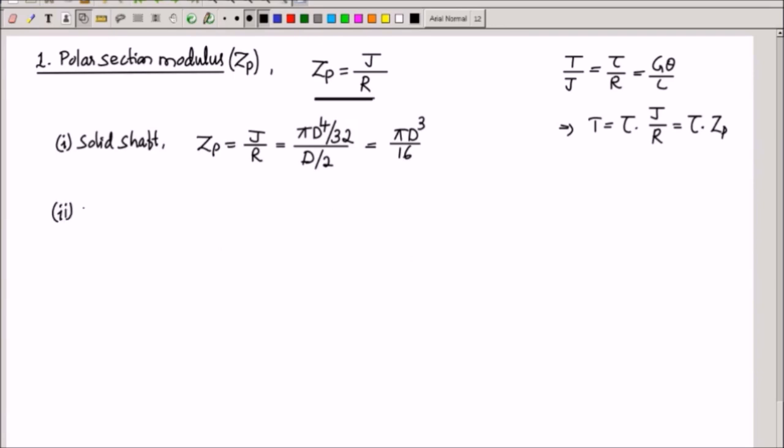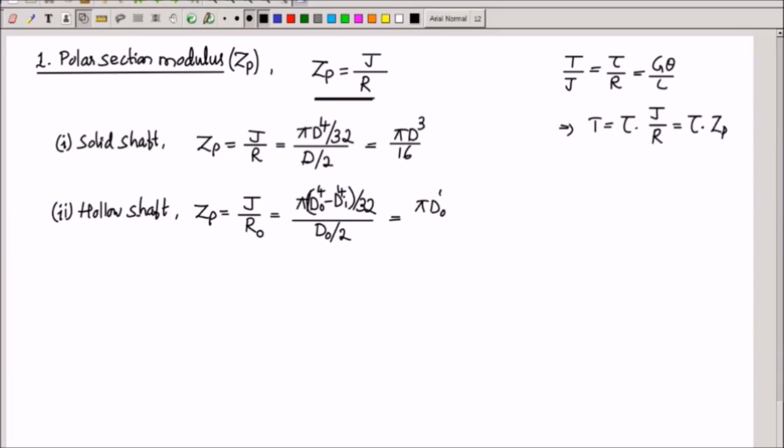For hollow shaft, Zp definition is what? J by R. But for hollow shaft, the polar section modulus is pi into d naught power 4 minus di power 4 divided by 32, and R is actually R naught. Outermost radius is R naught. So R naught is nothing but d naught by 2. I'll take d naught power 4 outside.